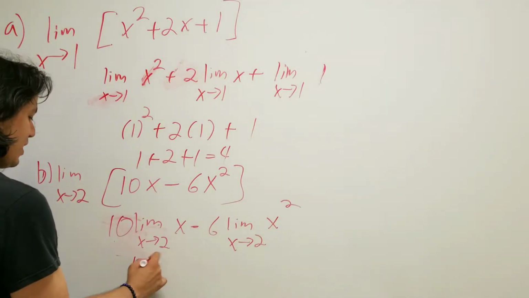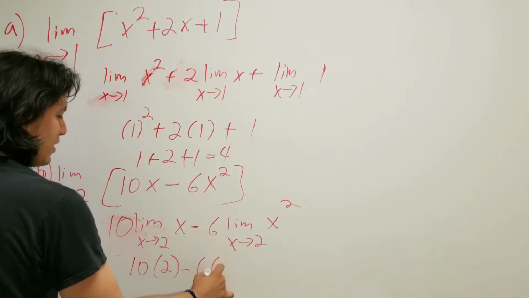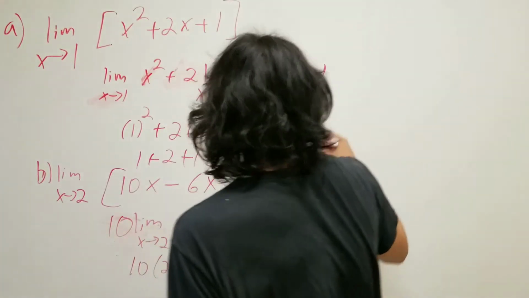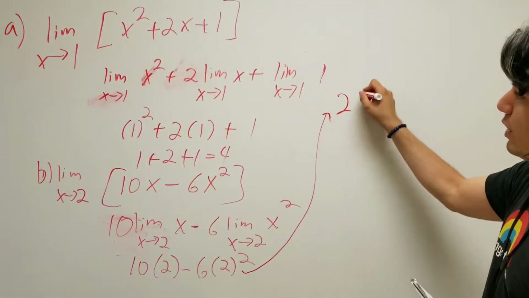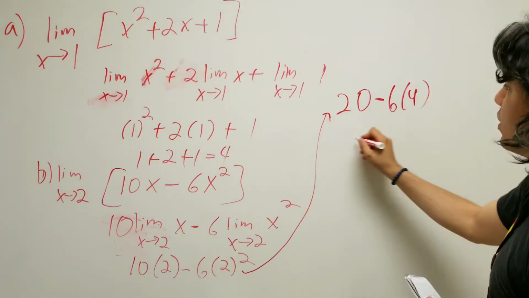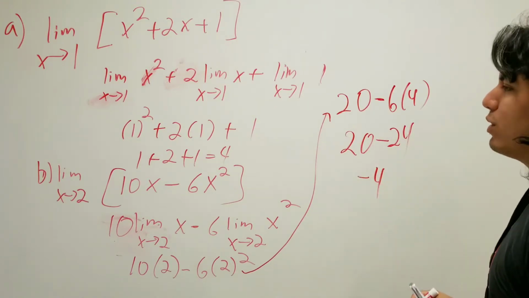We get 10 times 2 minus 6 times 2 squared. Let's move it over here. I get 20 minus 6 times 4, 20 minus 24, and I just get negative 4 as the limit.